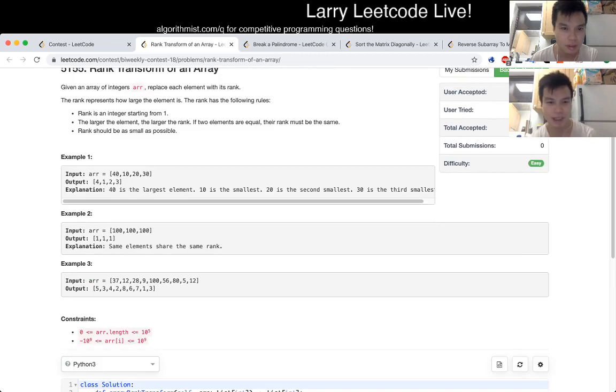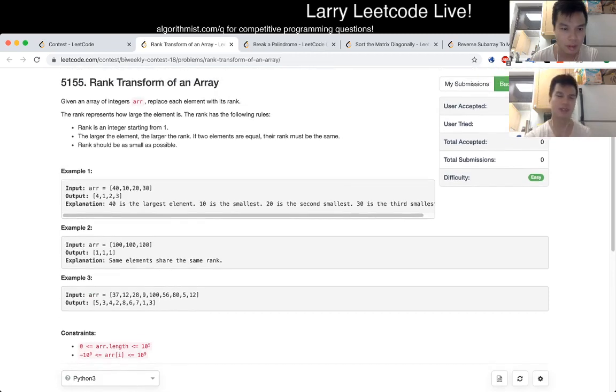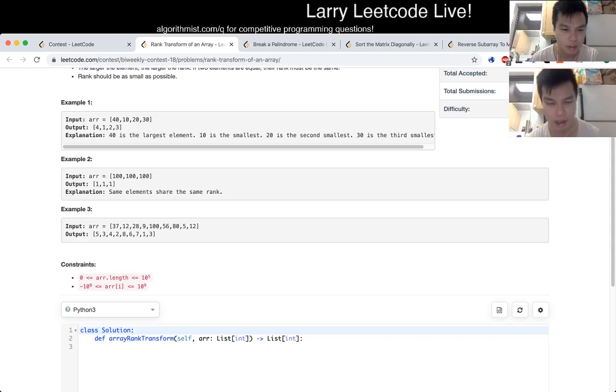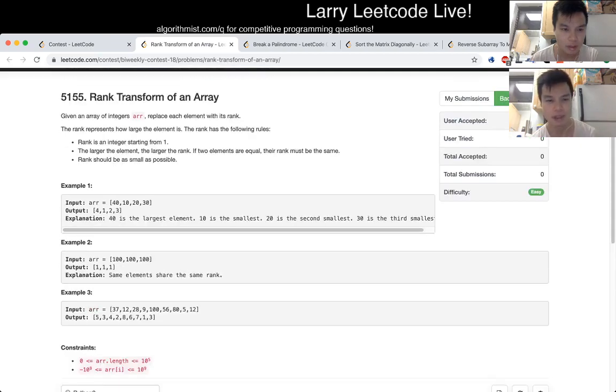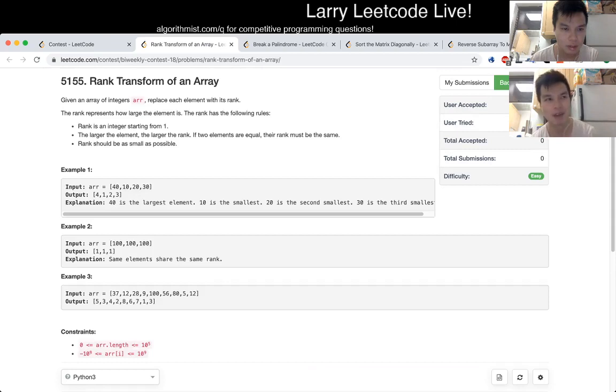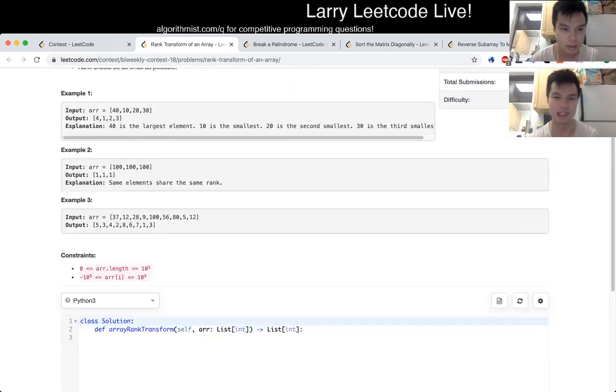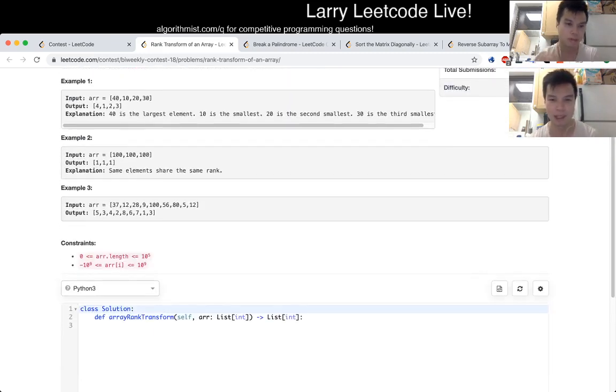But in any case, as soon as I opened this problem, the first thing I was trying to do was wrap my head around an idea of sorting it and then resorting it another way. But I did not do that.